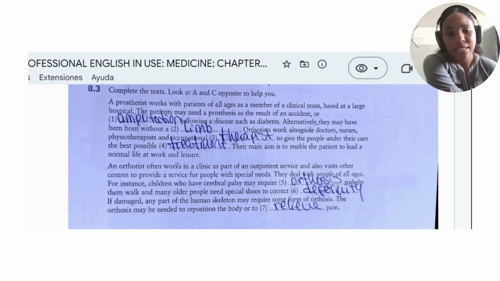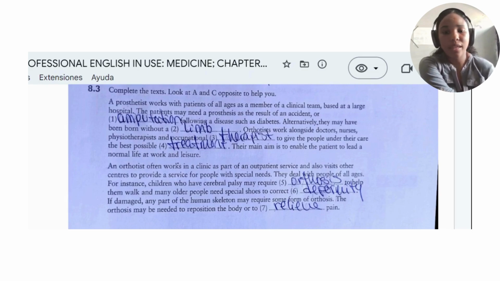Alternatively, they may have been born without a limb. The prosthetists work alongside doctors, nurses, physiotherapists, and occupational therapists to give the people under their care the best possible treatment. Their main aim is to enable the patient to lead a normal life at work and leisure.